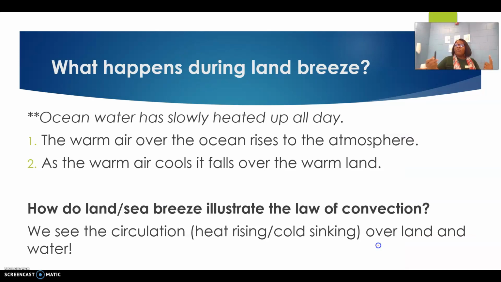So we want to remember, ocean water heats up very slowly. That word should be heats. Okay? Heats slowly all day, and the warm air over the ocean rises to the atmosphere. And so then we're going to start seeing, guys, a circulation of heat.